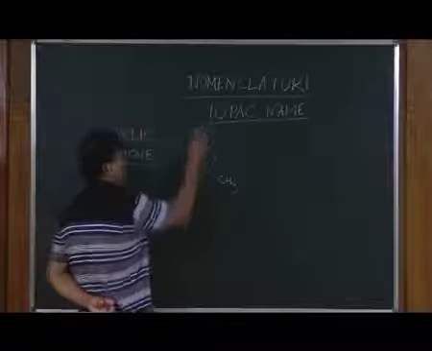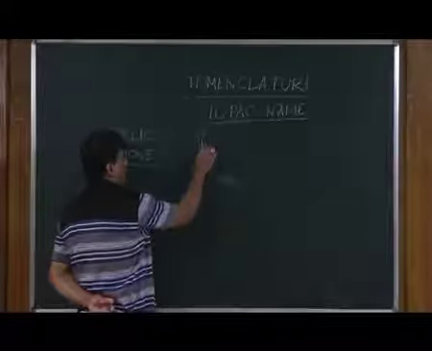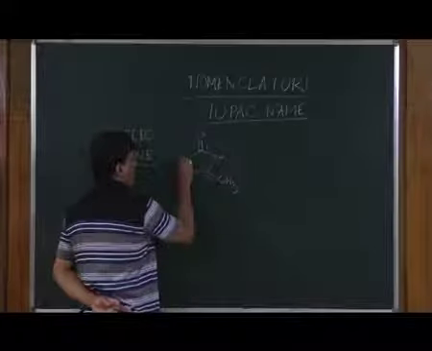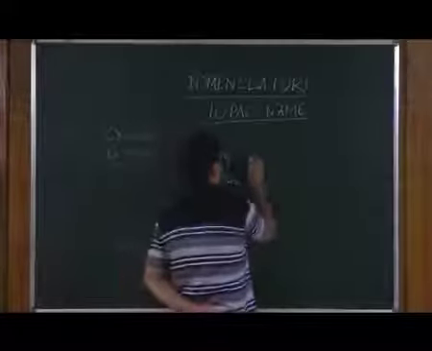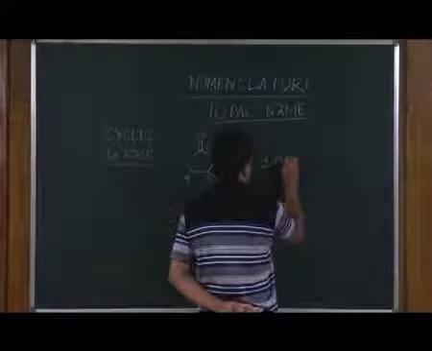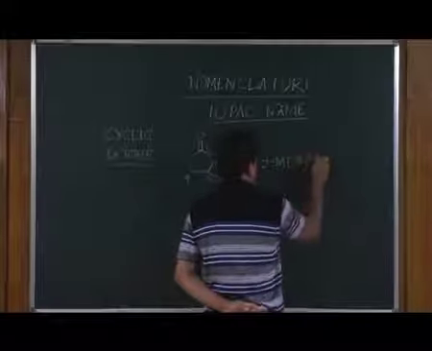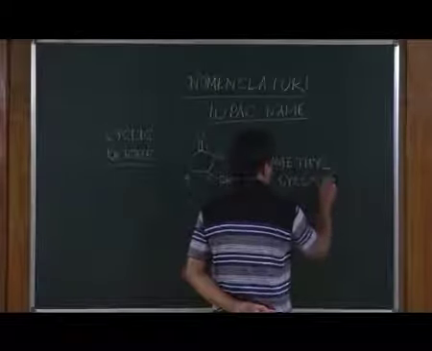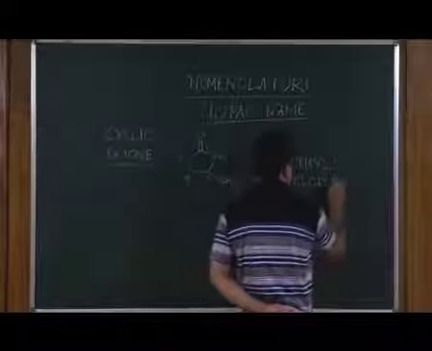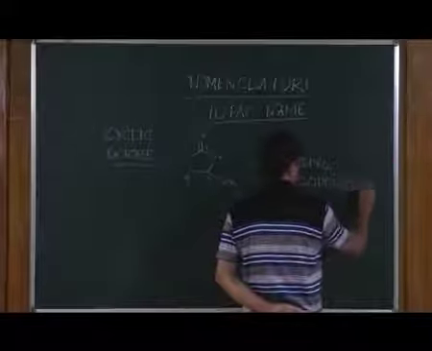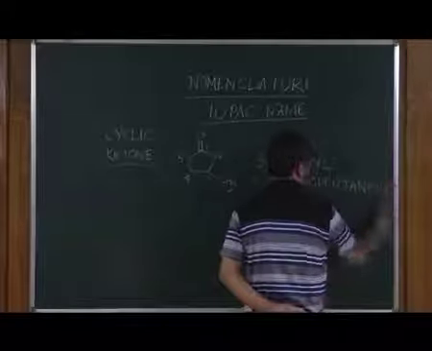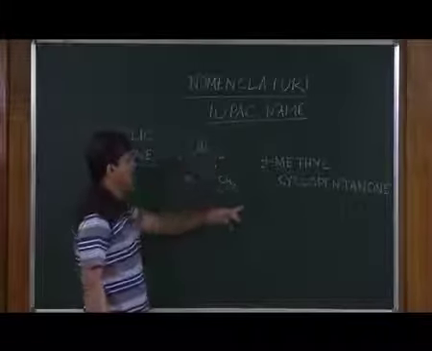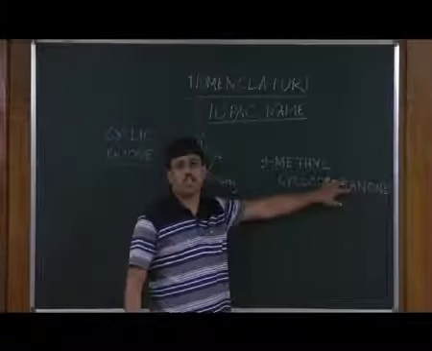So, this is the cyclic carbonyl compound. Here it will get 1, and then 2, 3, 4, 5. So, what will be its IUPAC name? Interestingly, since the carbonyl is getting 1, you may omit the position of the carbonyl group here.